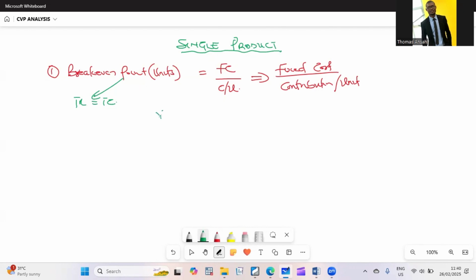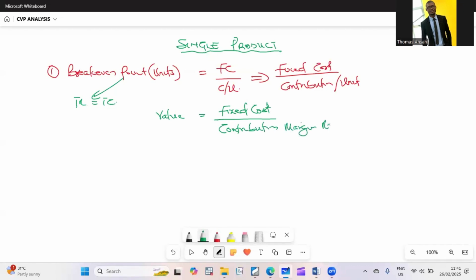If you want break-even in value, then it is going to be the fixed cost divided by contribution margin ratio. I will explain these things. Contribution margin ratio.